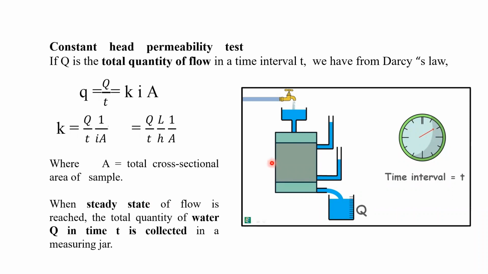So we have to remove all the air from the voids. Unless the soil is fully saturated and continuous flow takes place, only then do we collect the water in the beaker. So Q by t. This is the formula which we can use for the constant head permeability test or constant head method. Now we shall see the next one, called the falling head permeability test.